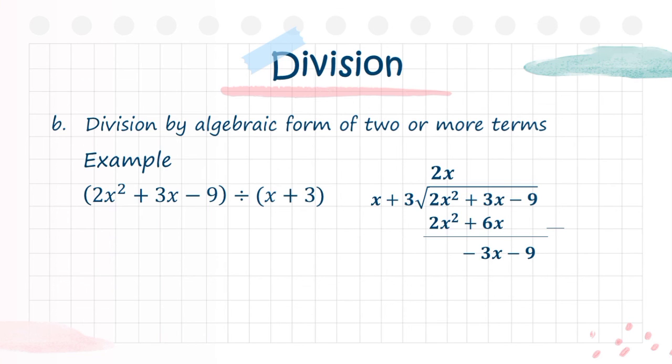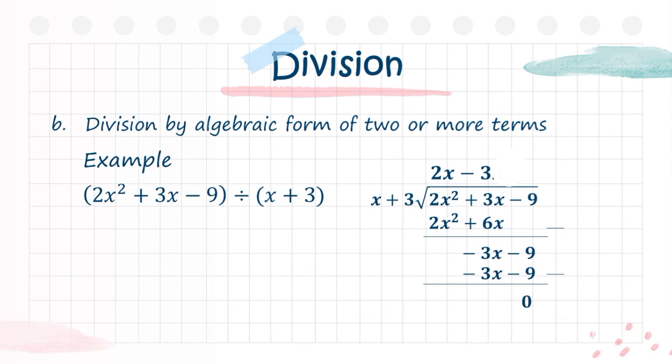In the same way, where x produces negative 3x, we get negative 3. Then we multiply it again by x plus 3. Then the result becomes negative 3x minus 9. Then we subtract it again, then the result is 0.